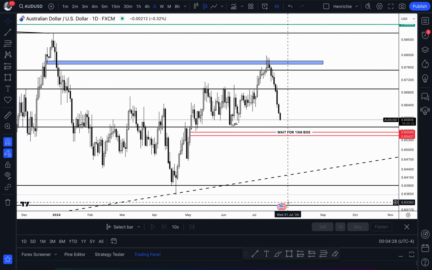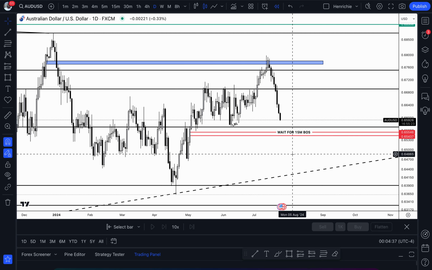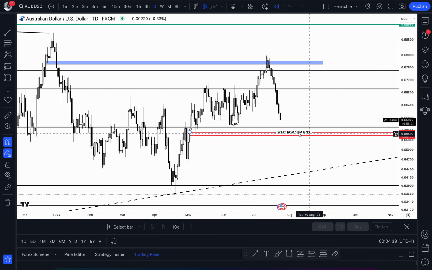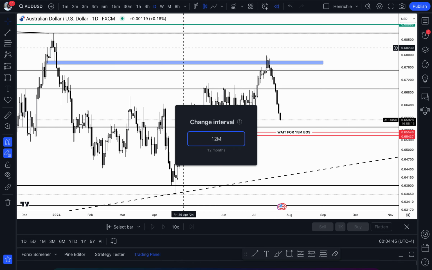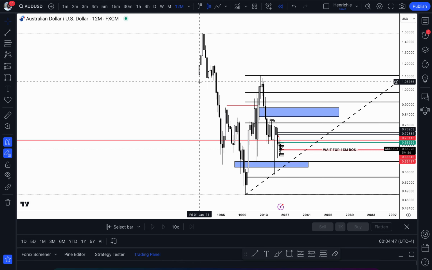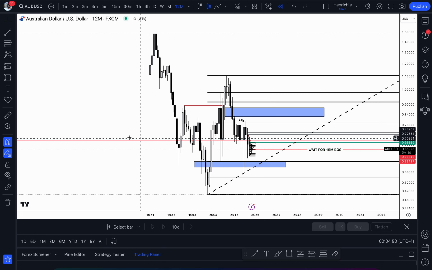But like I said, it's not a guarantee that price will reverse from here. Price can still come here and not do anything and continue lower. The only thing I'm watching is a reaction from here. If I see a reaction from here, I'll look for a buy and then continue higher, because overall I usually like to go from the 12-month time frame perspective to make any trading decisions.